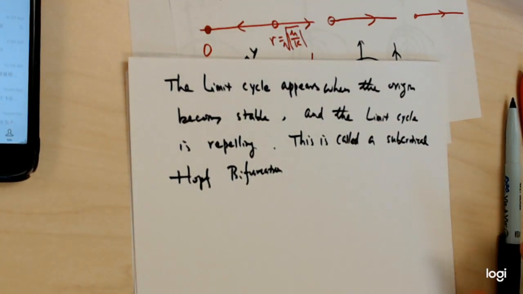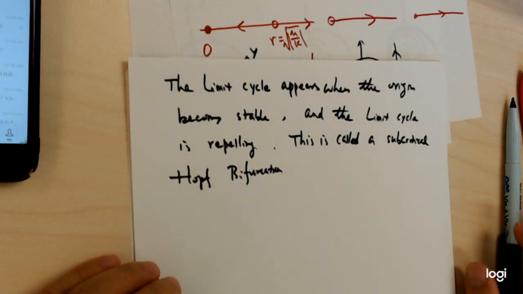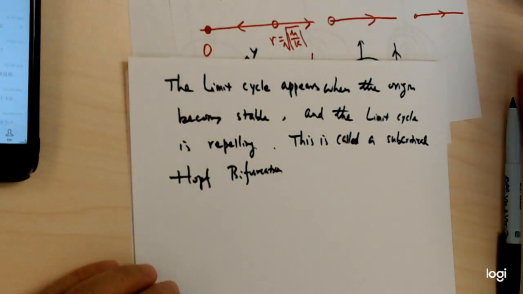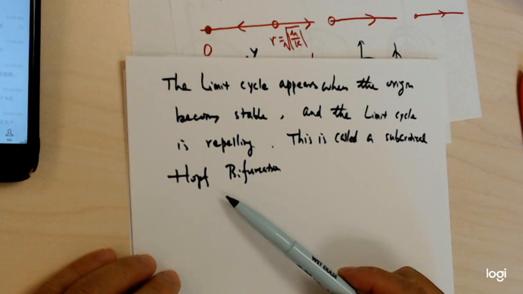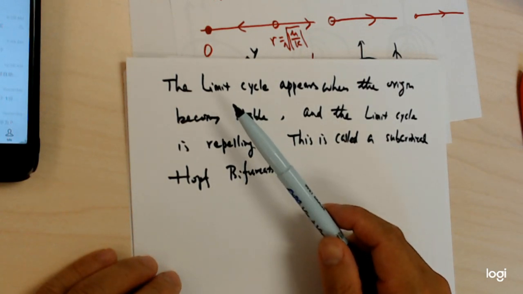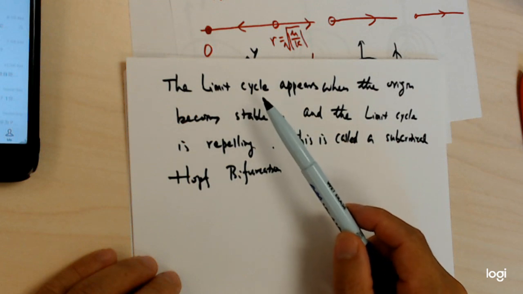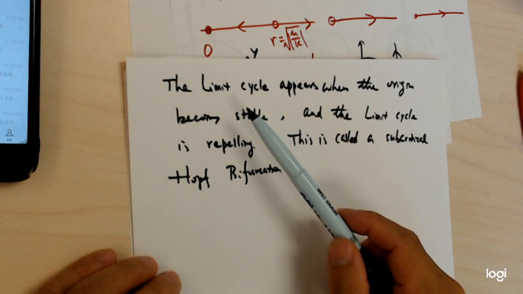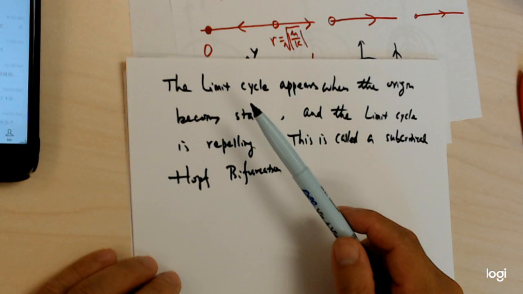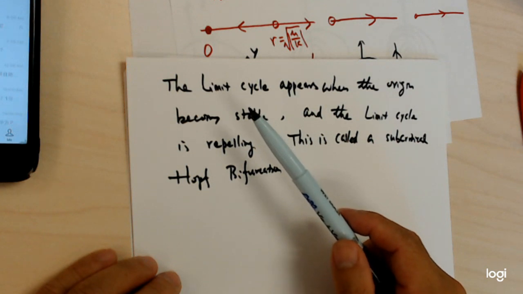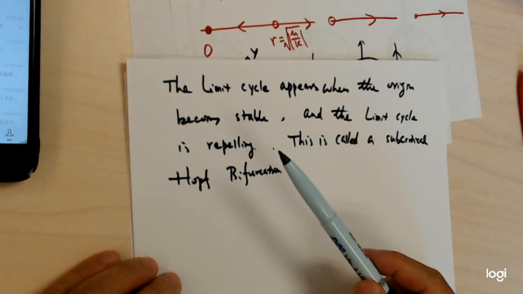So what I just showed you is just an example of Hopf bifurcation. Put simply, Hopf bifurcation is the case where a limit cycle occurs. There is a periodic solution coming out of nowhere. That's what we call Hopf bifurcation.